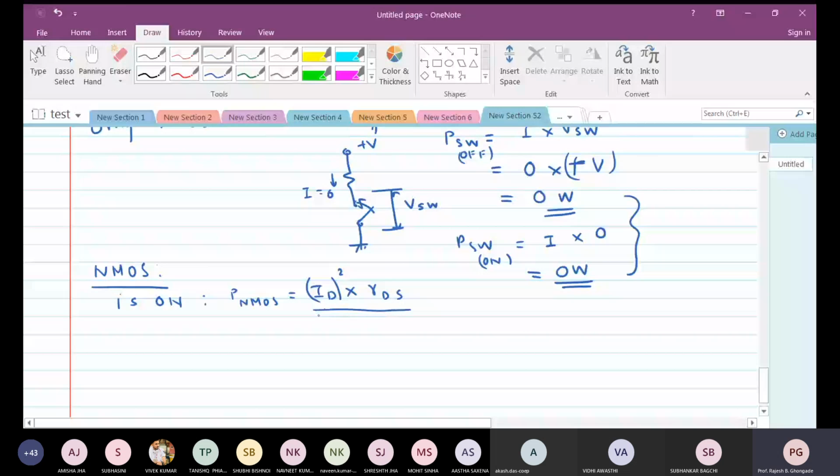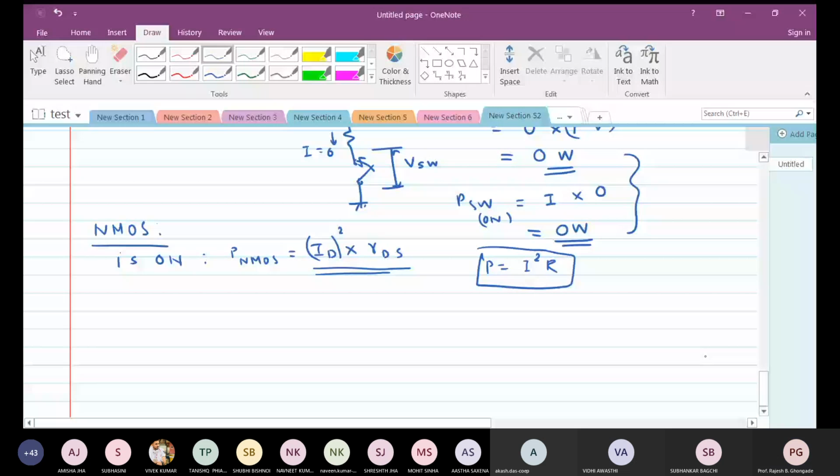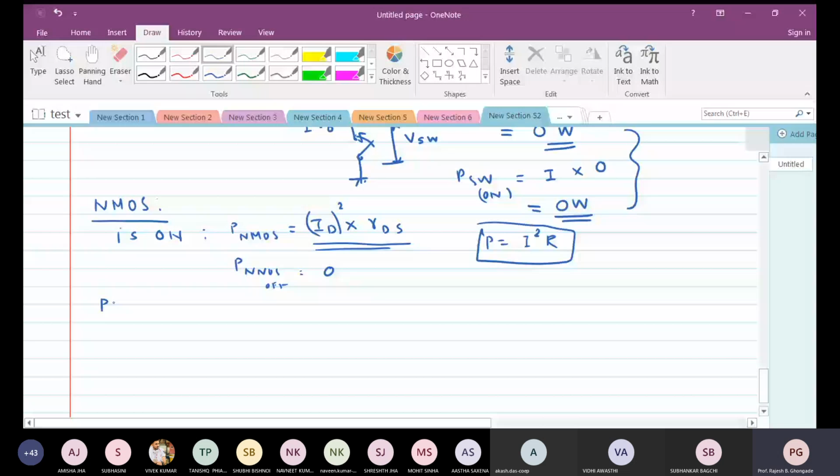Power is I squared into R, don't forget this. When the NMOS is off, the power is 0, because ID itself was 0. Now what about PMOS? When PMOS is on, it is again ID squared into RDS, the same thing, and when PMOS is off it is 0.